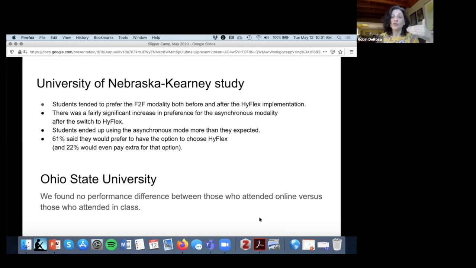But what they found during this COVID semester was that even though most students thought they would not select the asynchronous online modality, many more students ended up selecting that than they had planned. So that suggests perhaps that during times of stress and emergency, the HyFlex option becomes more attractive to students.